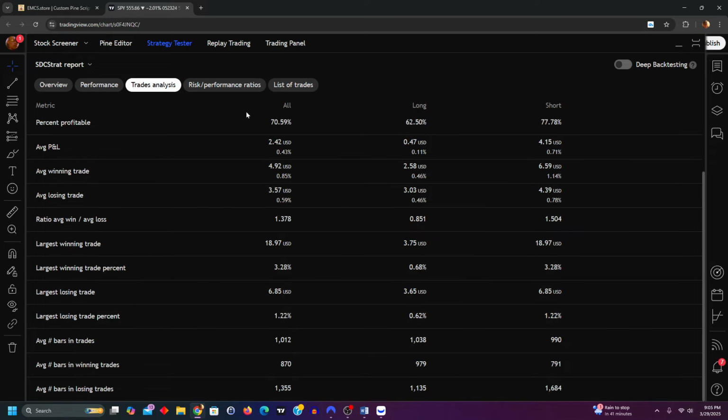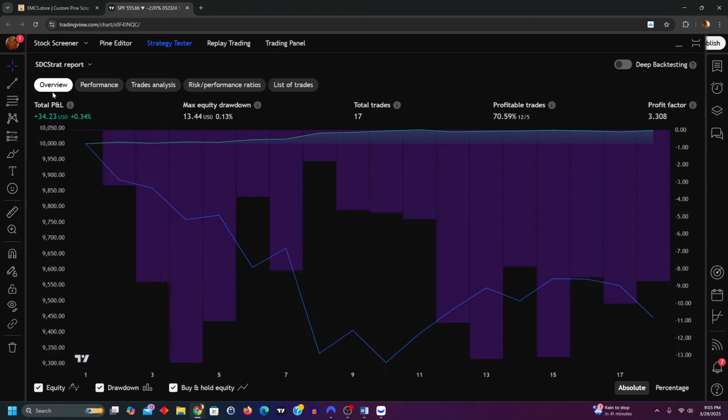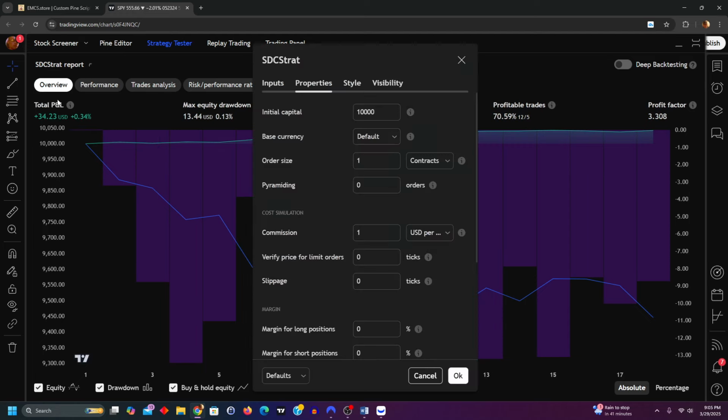And time frame matters, right? Like, so how long? These numbers, what are these based off of, right? So it's based off of a $10,000 account, right?